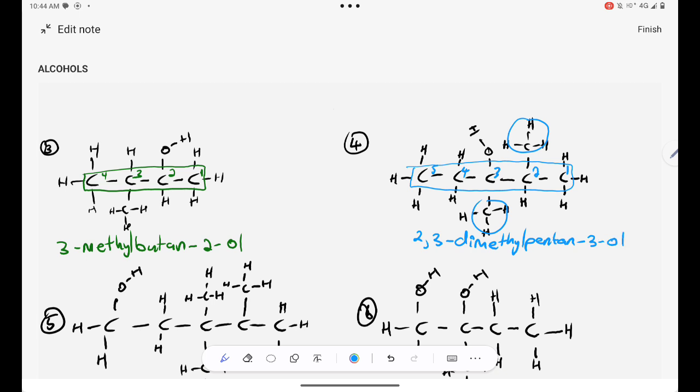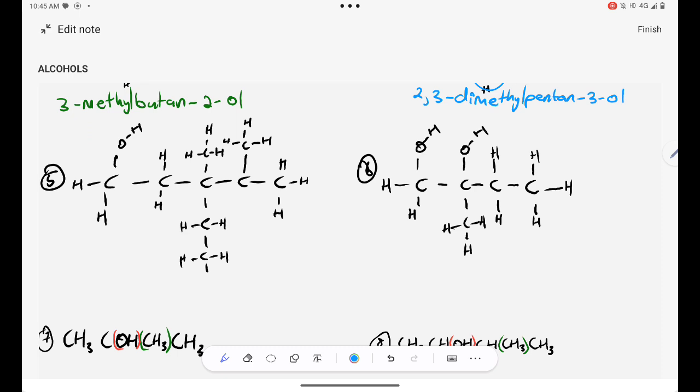The complete IUPAC name is 2,3-dimethylpentan-3-ol. And this type of alcohol, guys, is called a tertiary alcohol. Why? Because carbon number 3, which has the OH ion, is bonded to 3 other carbons, 1, 2, and 3 there.